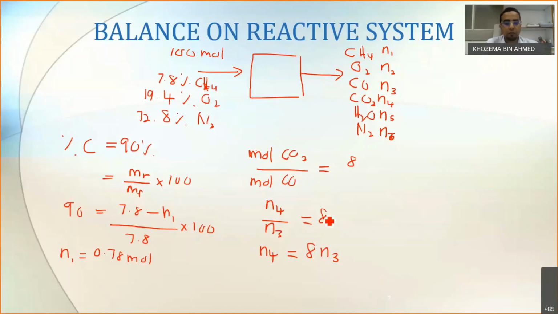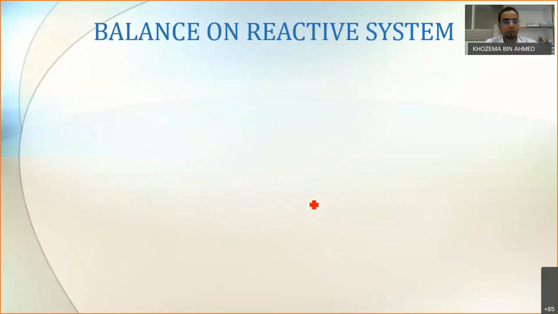Now those are the only pieces of information that we have. So we can start our first balance on carbon. Remember, we only have carbon, hydrogen, and oxygen in our system.